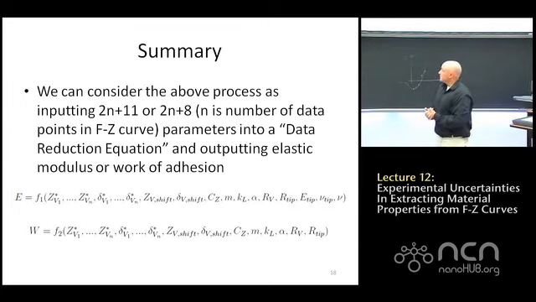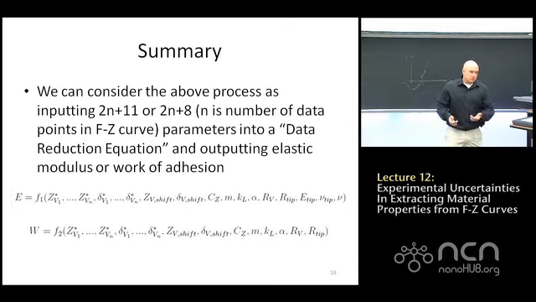I'm going to say it's 2n plus 11 or 2n plus 8 for this particular DMT model, where our inputs are all of your FC data pairs, so each FC data point, and then all of our calibration parameters, CZ, M, KL, and alpha, and then all the parameters in our model, which is our radii, or elastic constants. So elastic modulus, Poisson's ratio, because we're doing it for an isotropic material.